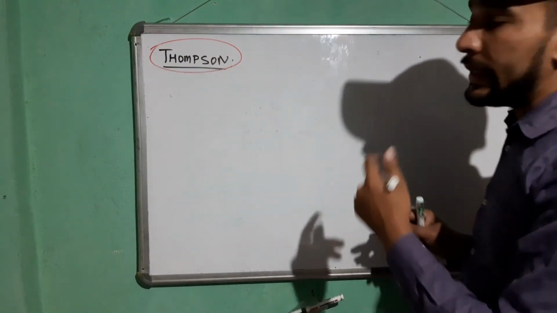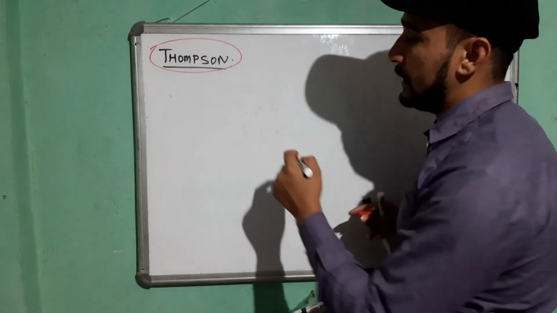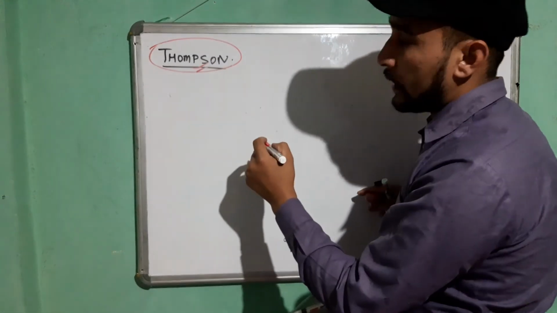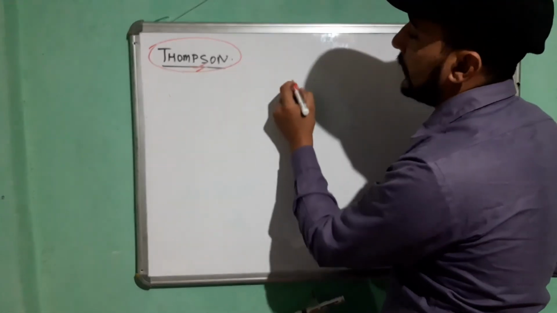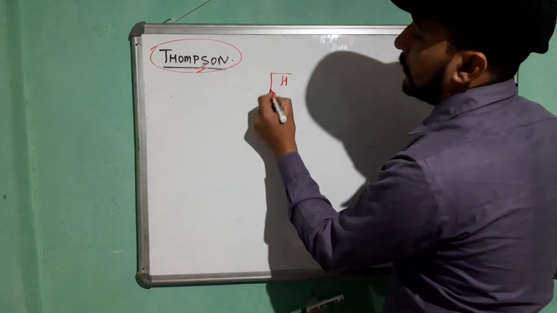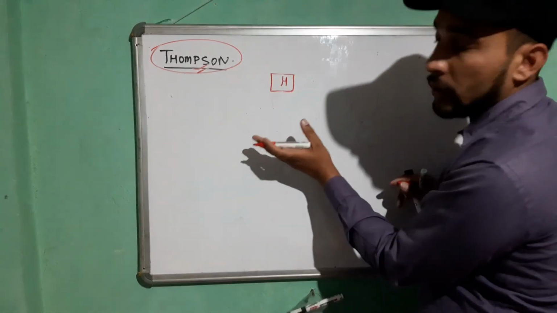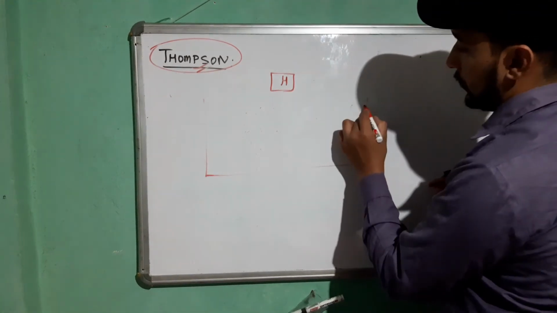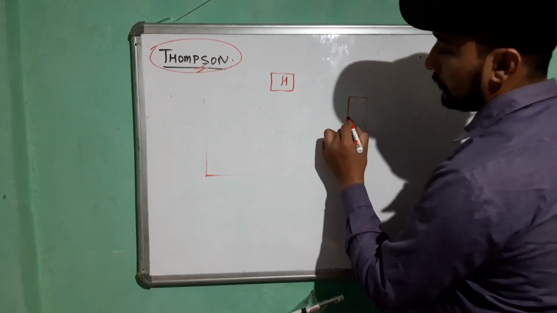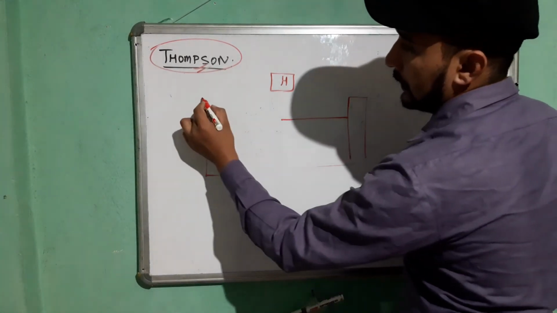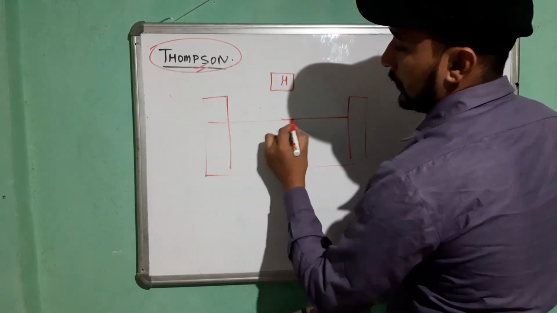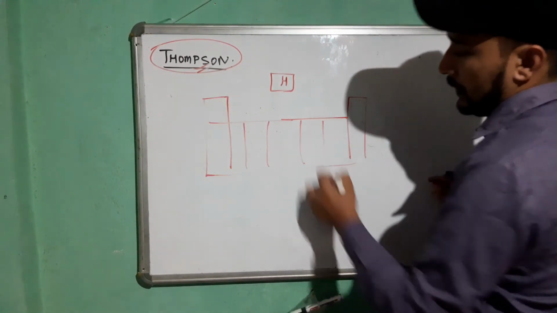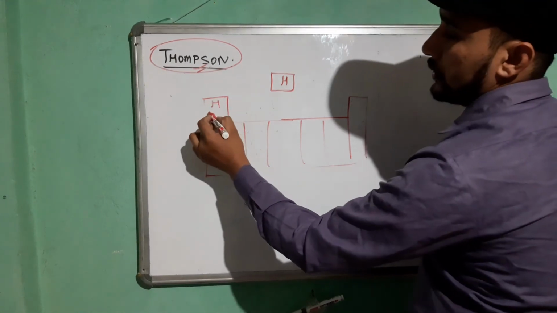placed separately in the modern periodic table, and Thomson said that hydrogen should be placed in a separate box on top of the modern periodic table. Whatever is the modern periodic table, it is somewhat like this. So here is the position of hydrogen.